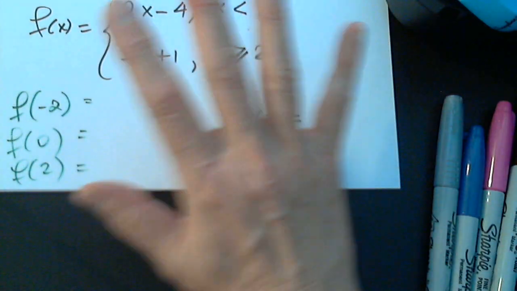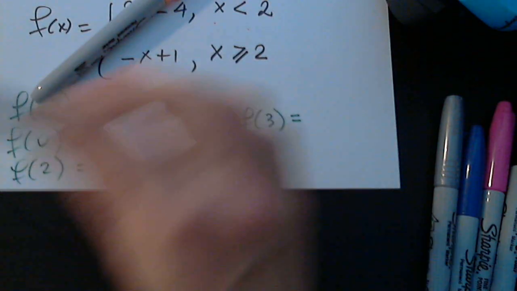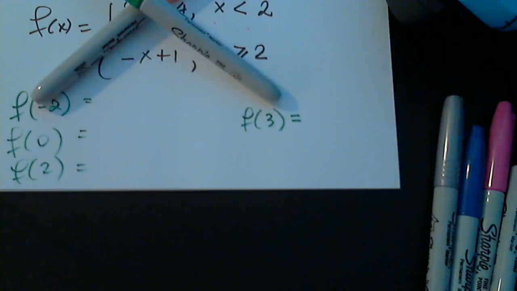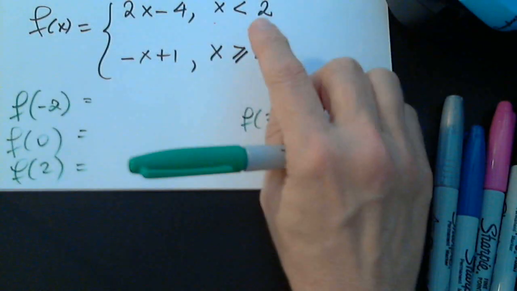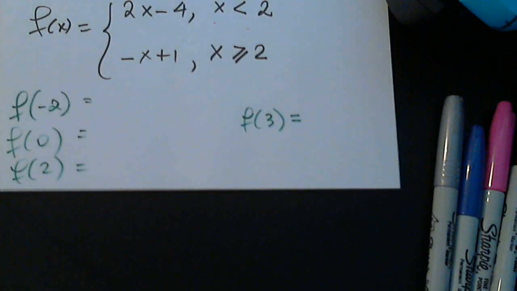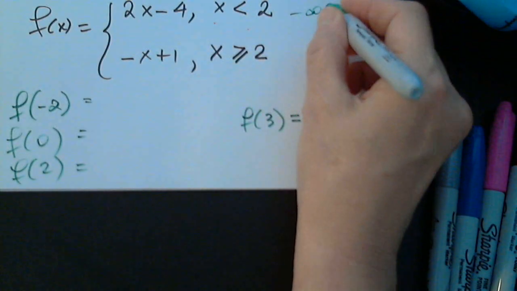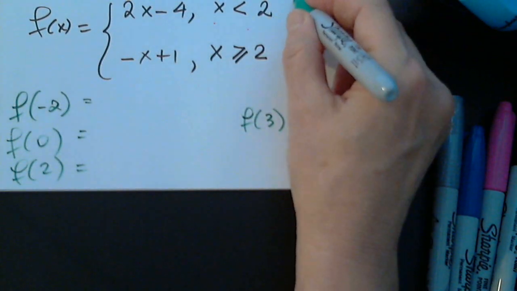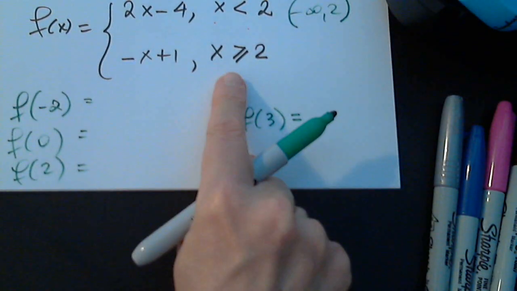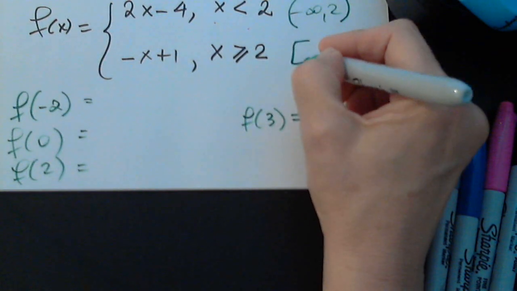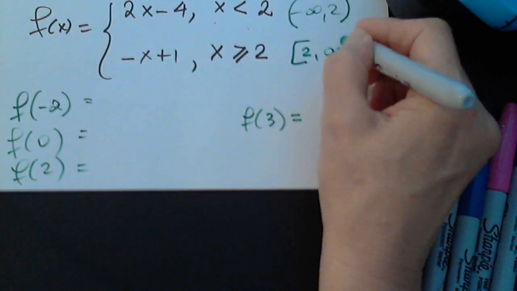The pieces cannot overlap. If they overlap when we graph it, this is not a function. As you notice, x here is from negative infinity to 2, with a parenthesis, but here is from 2 with a bracket to infinity.